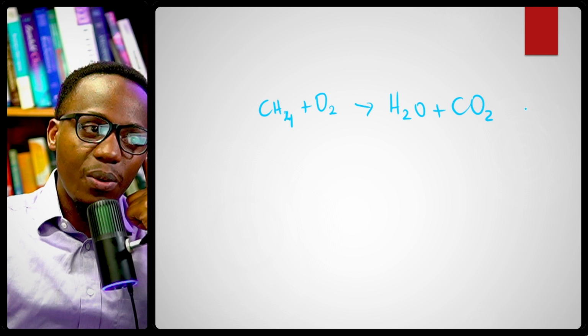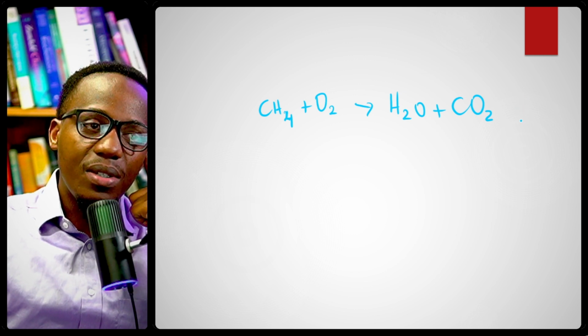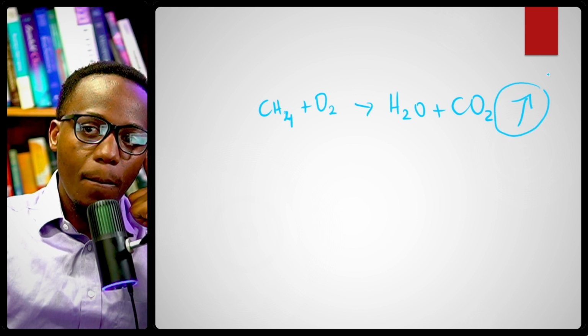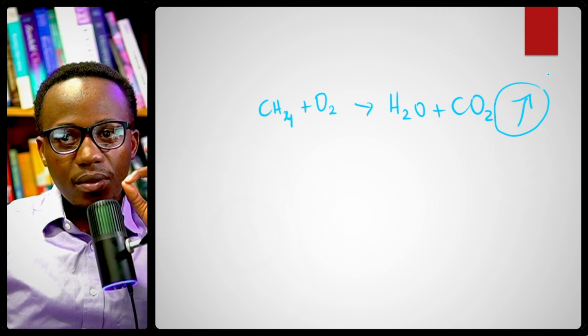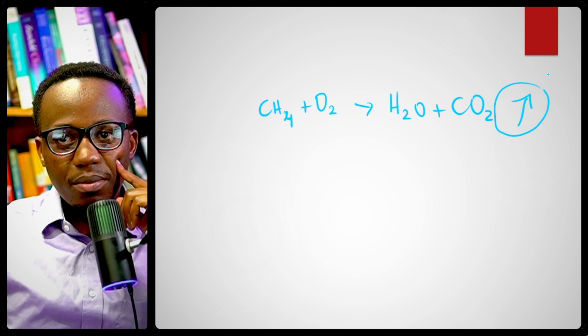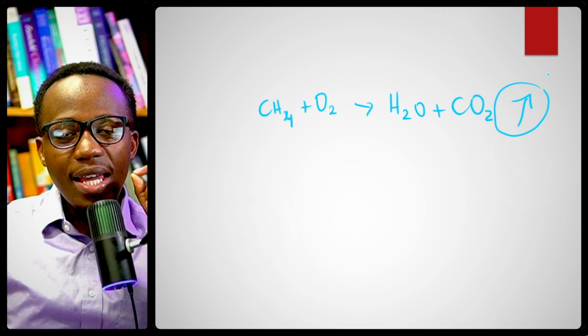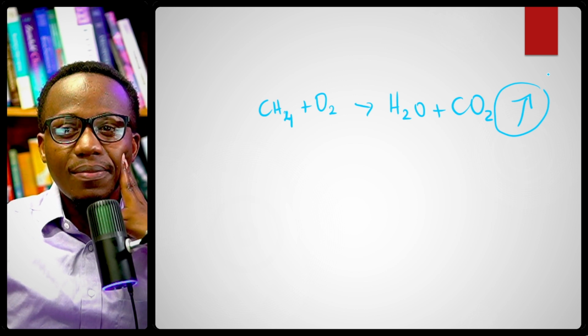So if it gives away energy, I want you to think about it a little bit. If it gives off heat, and this reaction is at equilibrium and I heat up the reaction, I increase the temperature, how is it going to react?